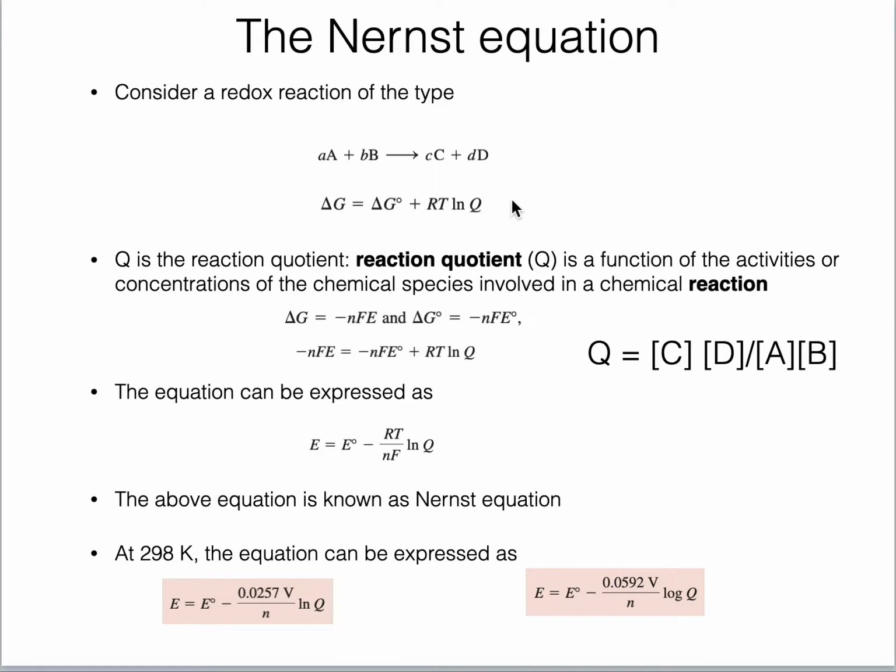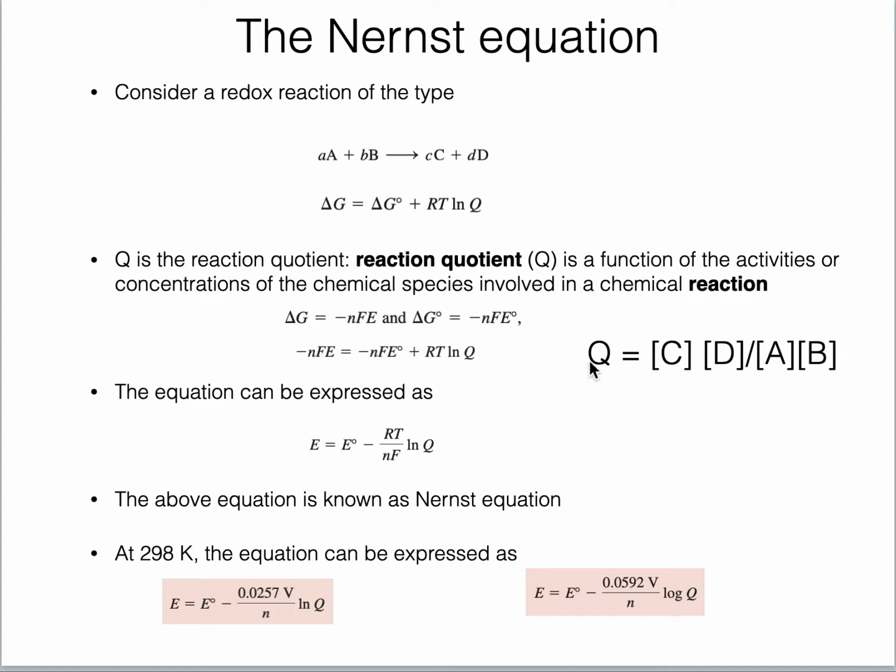Now this is the thermodynamic relation, and it relates the change in free energy with the standard change in free energy. You can see that delta G is equal to delta G naught plus RT natural log of Q. And what is Q? Q is the reaction quotient. This is the ratio of products to reactants.